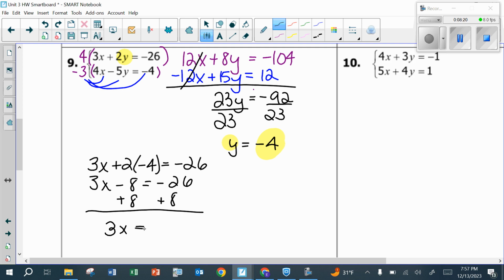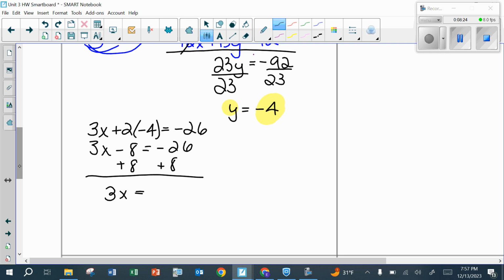So 3x equals, I'm not mathing very well tonight, so I am using my calculator. Oh, negative 18. Divide by 3, so x equals negative 6. There we go. Negative 6, comma, negative 4.